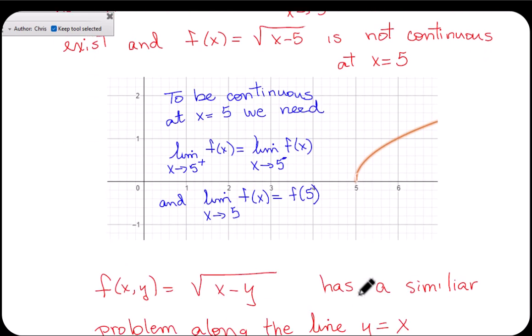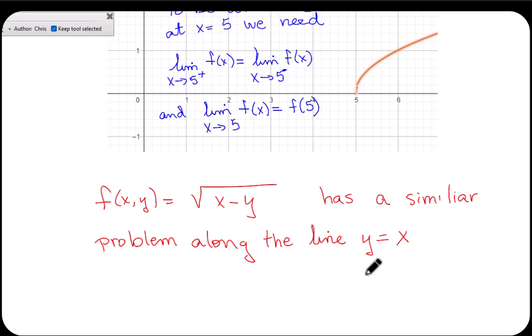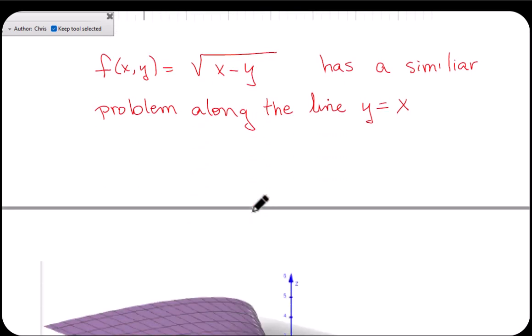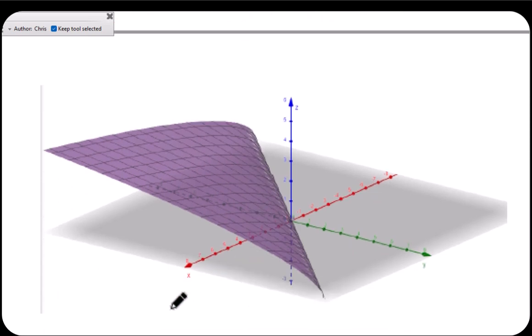In Calculus 3, there's a similar kind of deal. And with this function, there's a problem along the line y equals x. Similarly, right here, when this was equal, x equaled 5. So a similar problem is going to happen along here when x is equal to y. And if you look at the graph here, here's the x-axis, the y-axis, the z-axis.